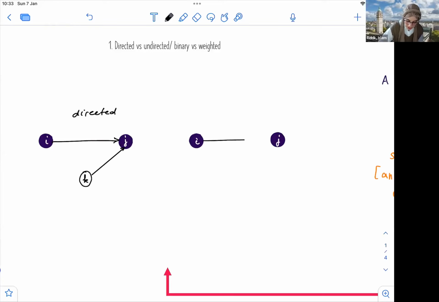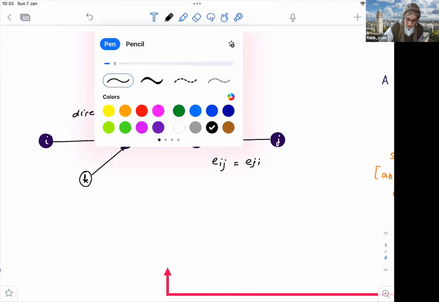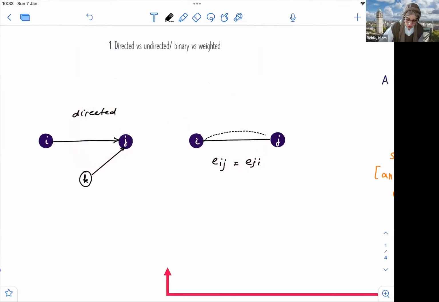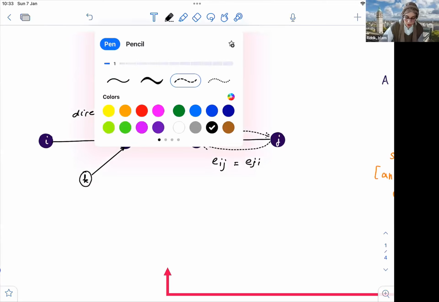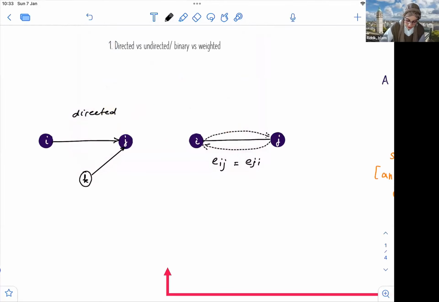Now, undirected graph, it means here E_IJ is equal to E_JI. So if you think about this edge as a decomposition or concatenation of both edges, it means both nodes connect to one another in both directions. And in the directed case here, we have E_I towards J, and we don't have E_J towards I. So this doesn't exist, okay?